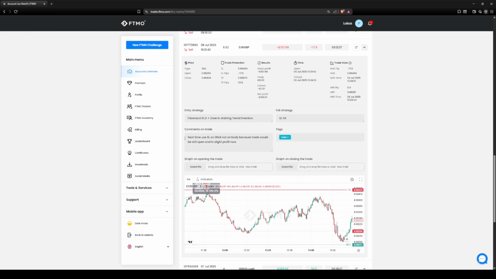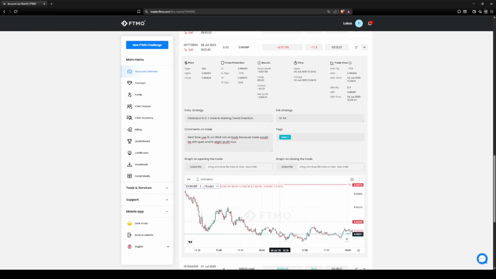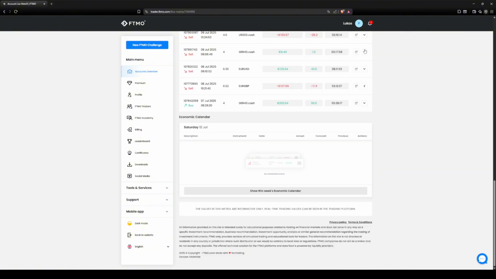And you can see I also wrote here, next time I use the stop loss, I should put the stop loss on the wick, because I didn't put it on the wick and then it got stopped out, unfortunately. And then you can see it reversed after that. So I could have gone out break even or maybe with a bit of profit. But let's just hop on to the other trade.